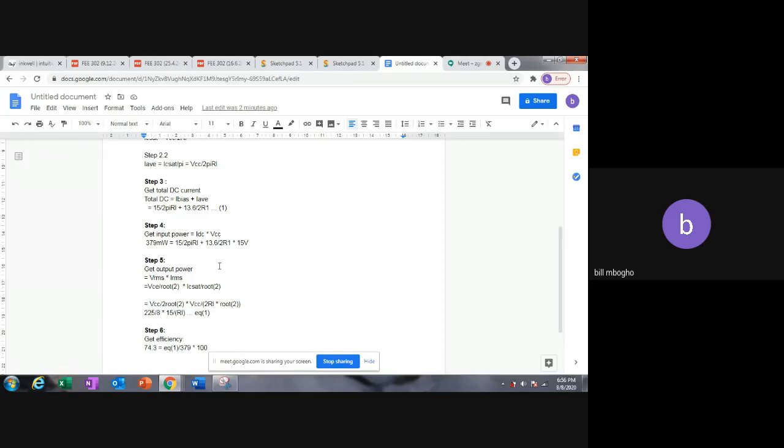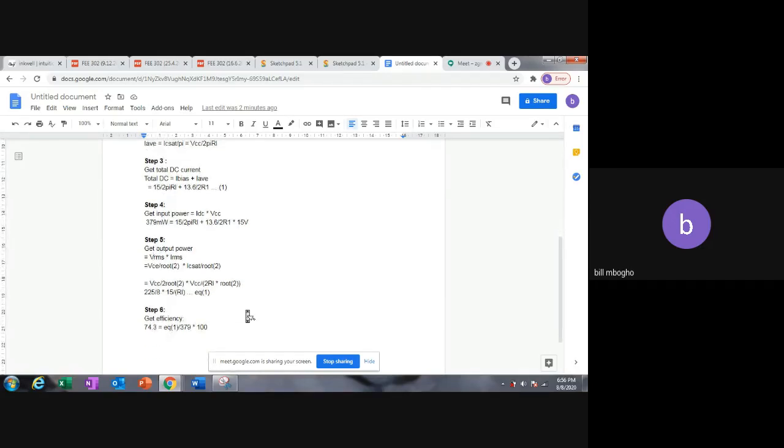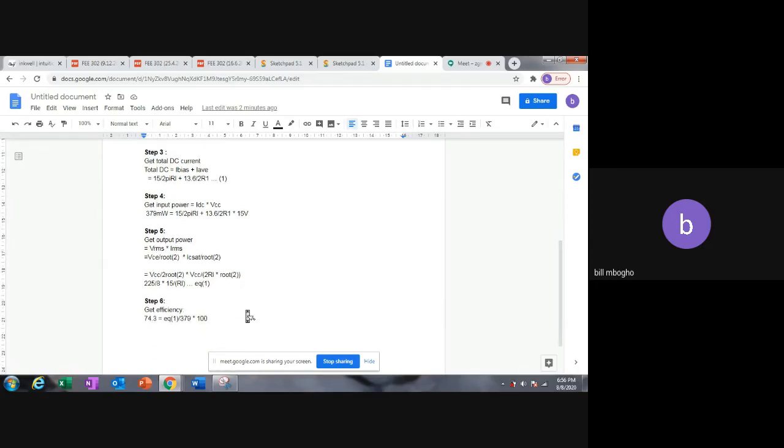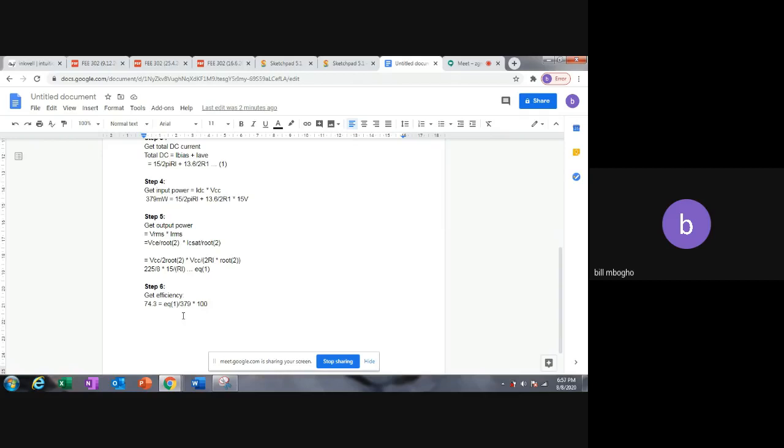Okay, yeah. In fact, I think it might be easier to just do it this way. We get RL first and then we substitute RL into this equation. Yeah, I think that will be easier. So how do we get RL?